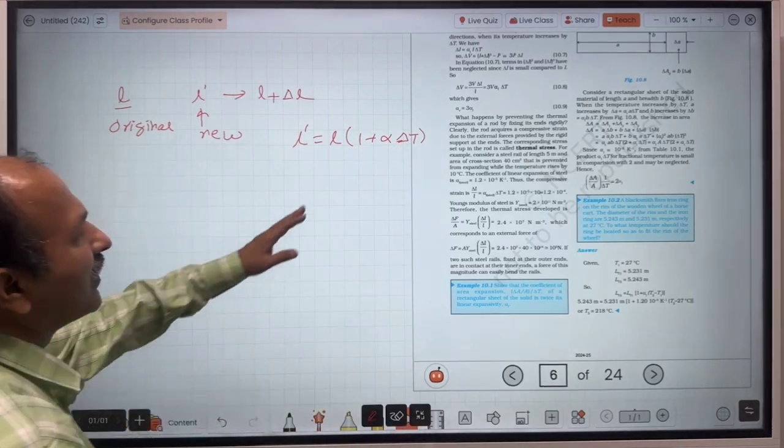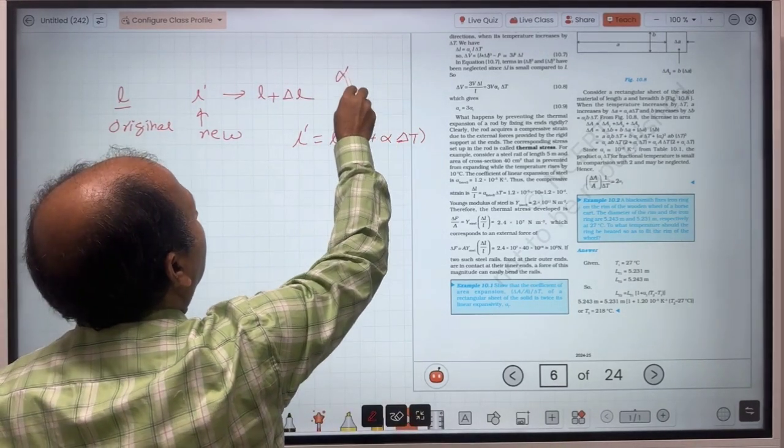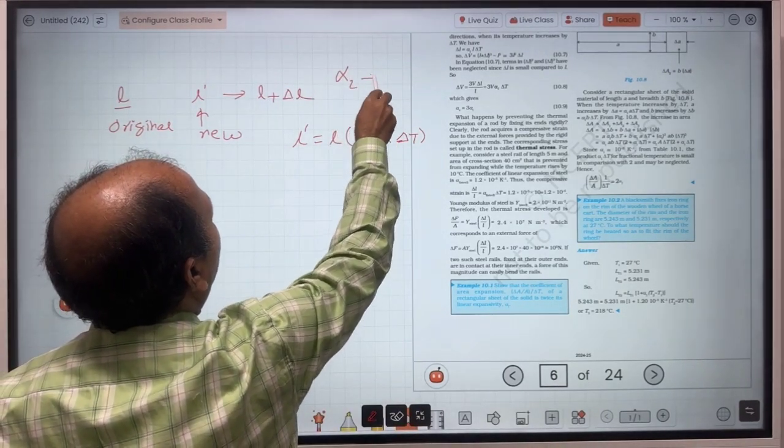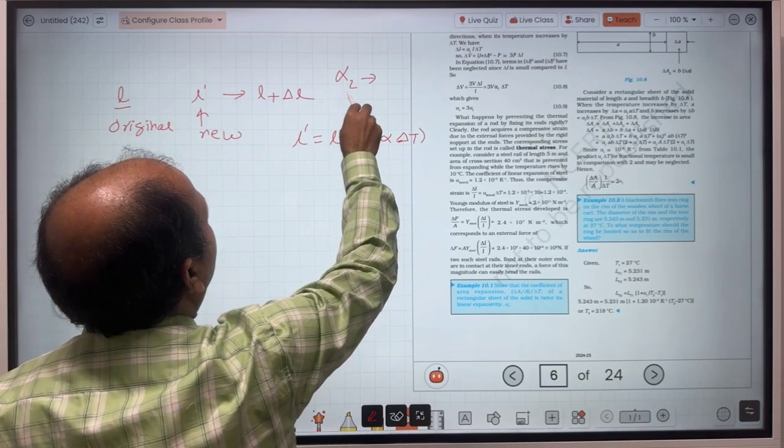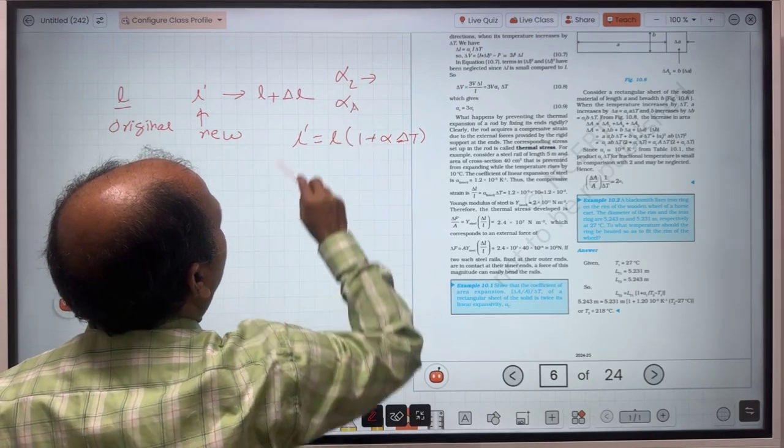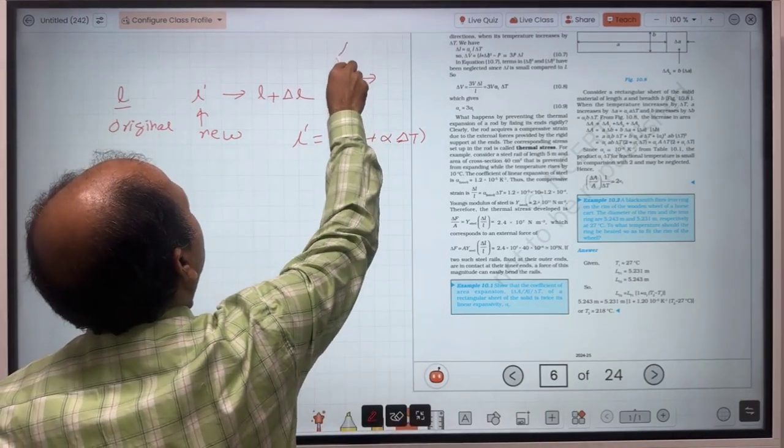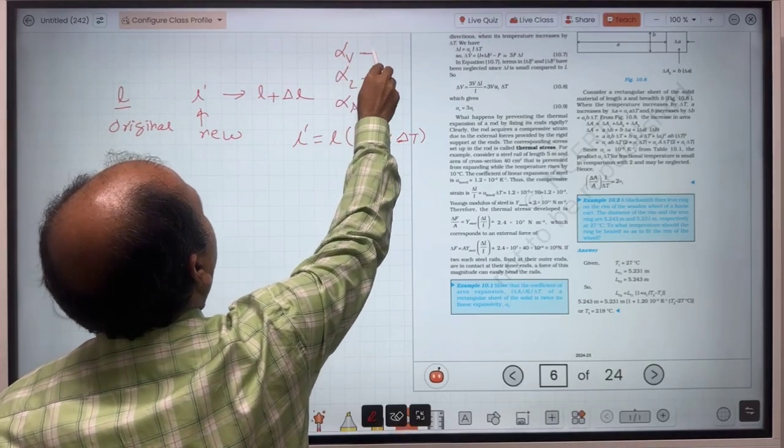Here one more notation that we change. For linear expansion we write the coefficient as alpha L. For areal expansion we write the coefficient as alpha A, and for volumetric expansion we write alpha V, right?